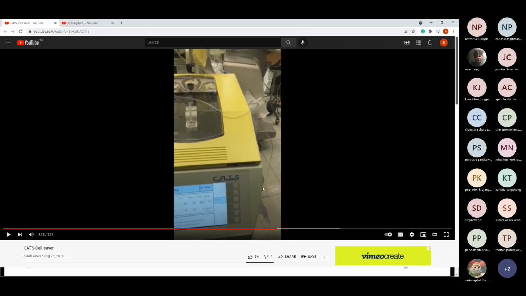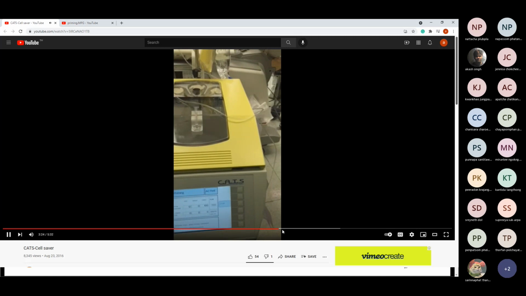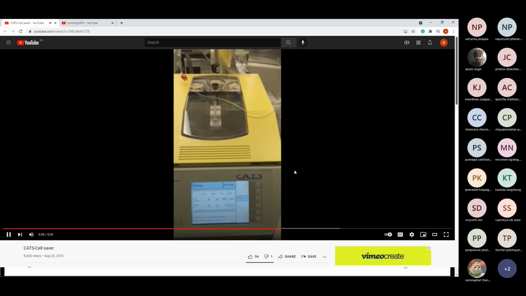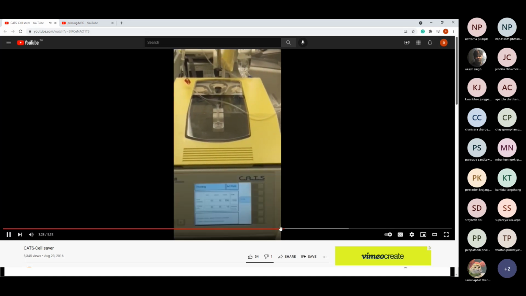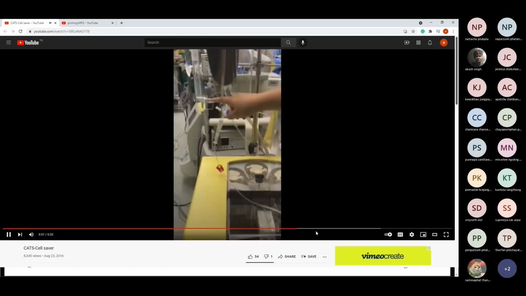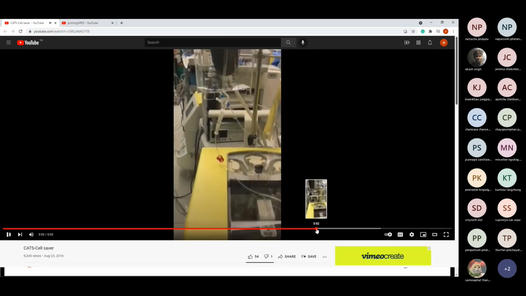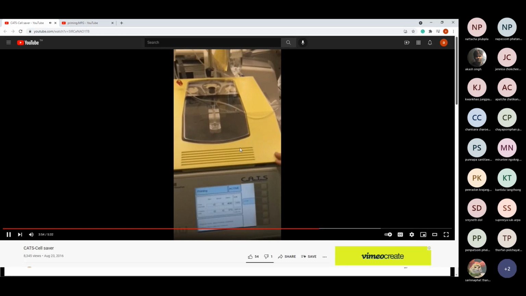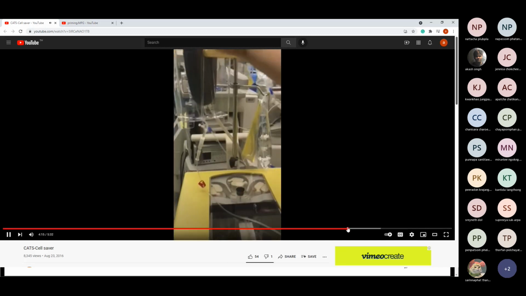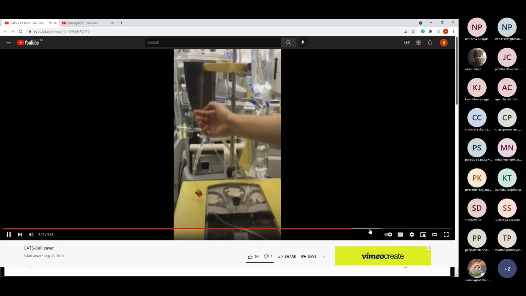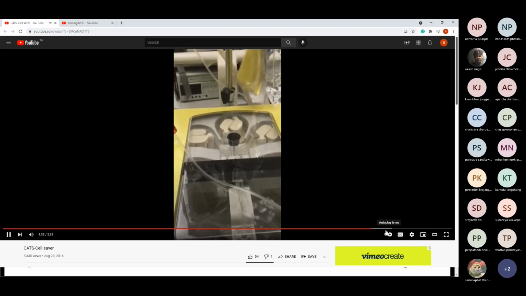You see. Okay, and start the pump. It's automatic from the circuit, and the pump is going to spin right here.